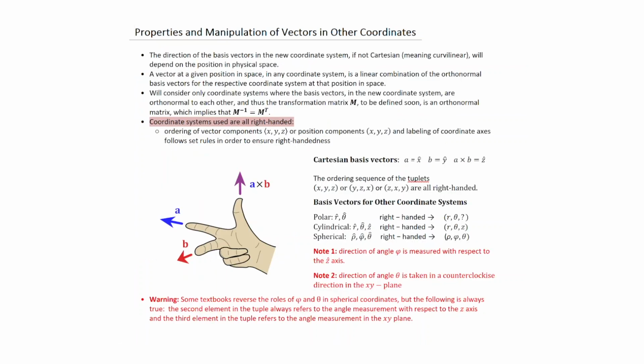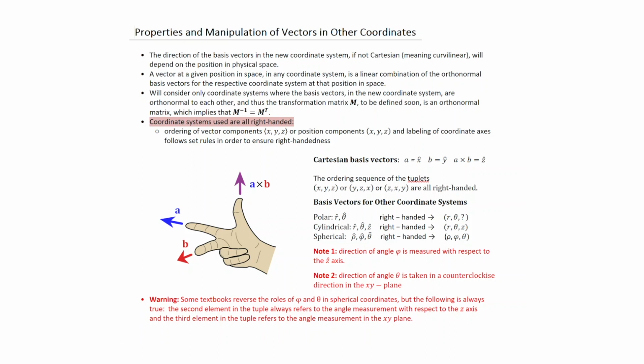All right, so now let's talk about properties and manipulation of vectors and other coordinates, some specific details which are really important to understand, because this is where so often we all go wrong. I mean, forget about the fact that there are conventions.